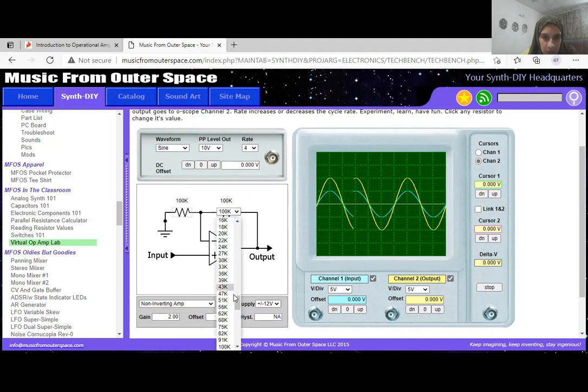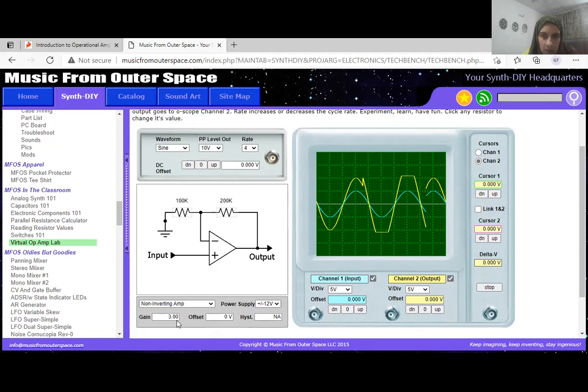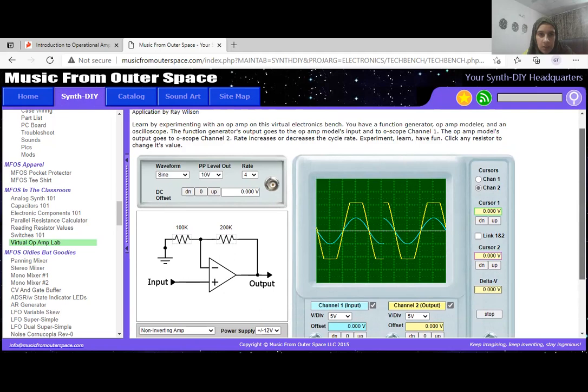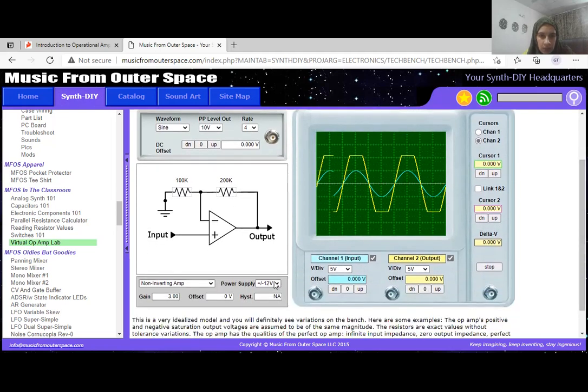If I make this, let's say, 200K, I'm going to get a gain of 3. But now you can see that I start clipping at this part here. Why? Because my output should be 15, but my total supply voltage is basically 12 here.